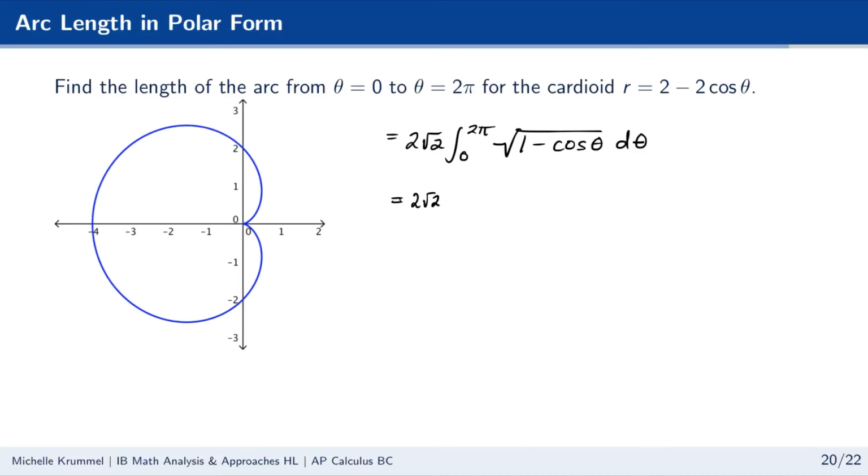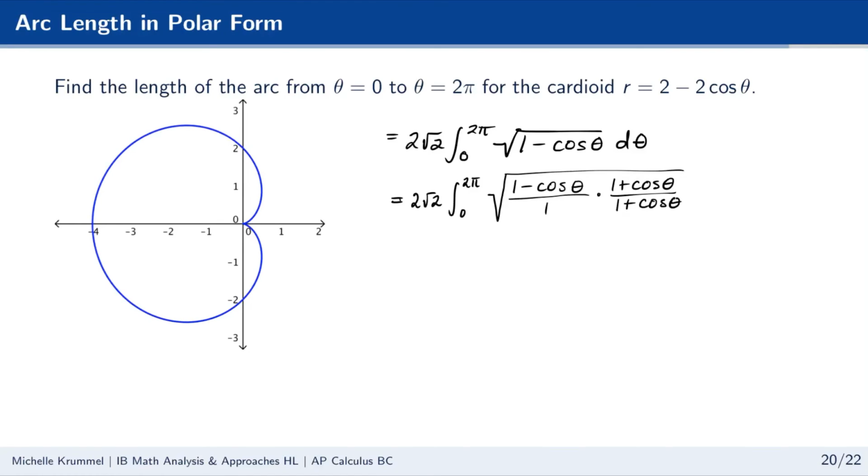Then we have 2 root 2, integral 0 to 2π. And we're going to want to multiply 1 minus cosine θ. I want to try and create a perfect square here. So I'm going to multiply by (1 plus cosine θ) over (1 plus cosine θ).